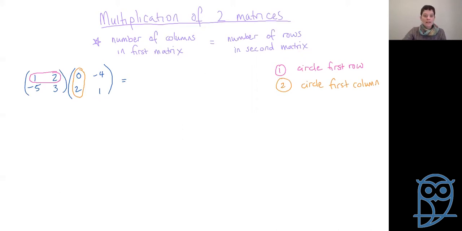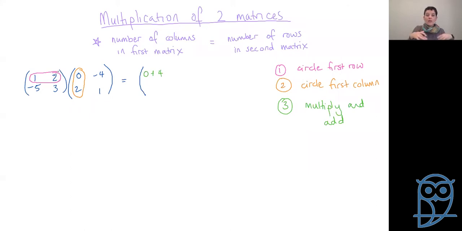So our next step is going to be to multiply and add. So we're going to take 1 times 0, which is 0, and 2 times 2, which is plus 4.